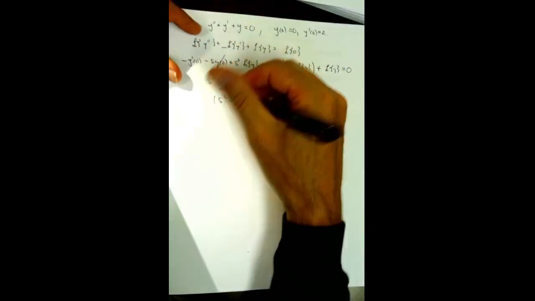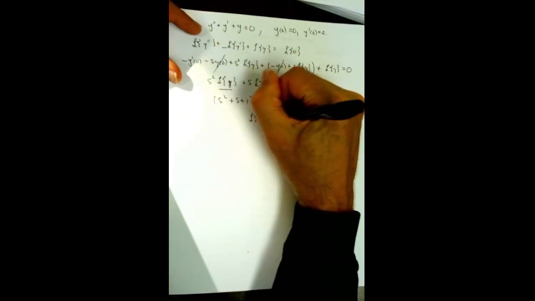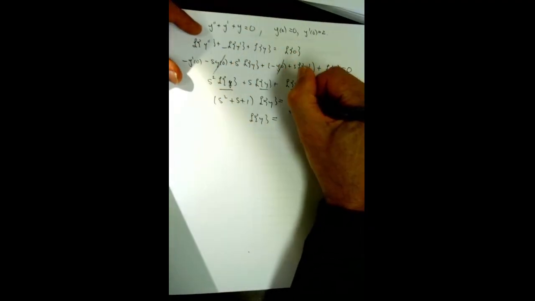Then divide both sides by the quadratic. So I get Laplace transform of y is 2 over s squared plus s plus 1. And so now you should immediately recognize that I can't easily factor this, right? Because if I look at b squared minus 4ac, it's got complex roots, so I'm not going to mess with it.